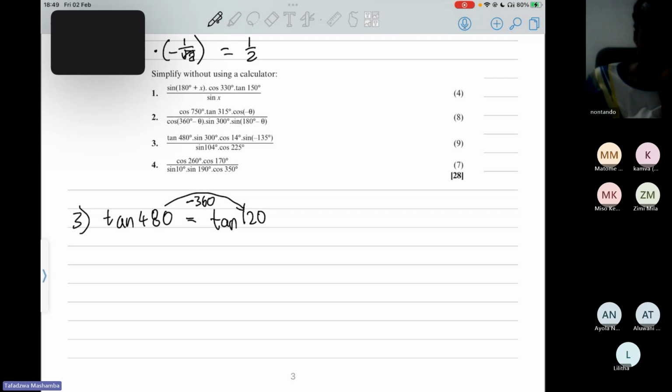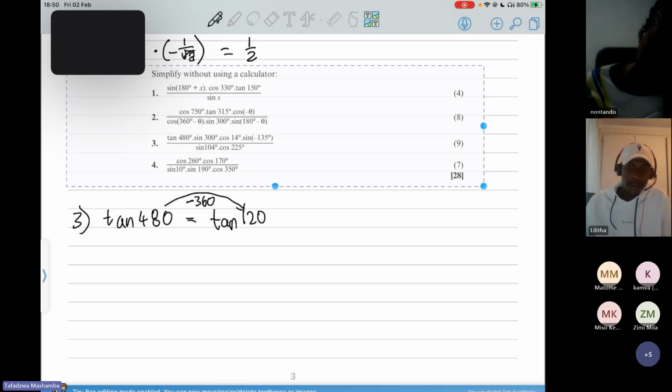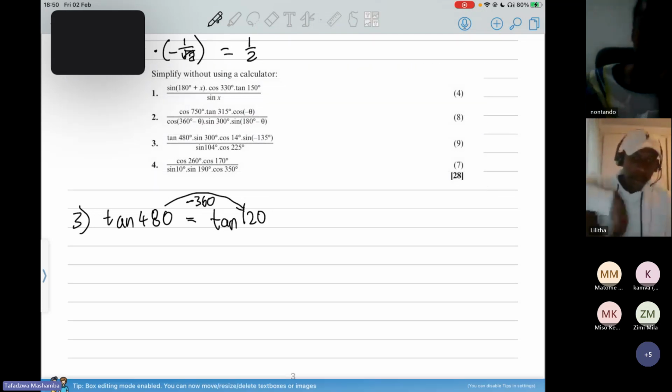That means it looks more familiar. I'm more comfortable with a question like this. Then the next thing we have is sine of 300. But before we get to the sine of 300, we can simplify this one even further.